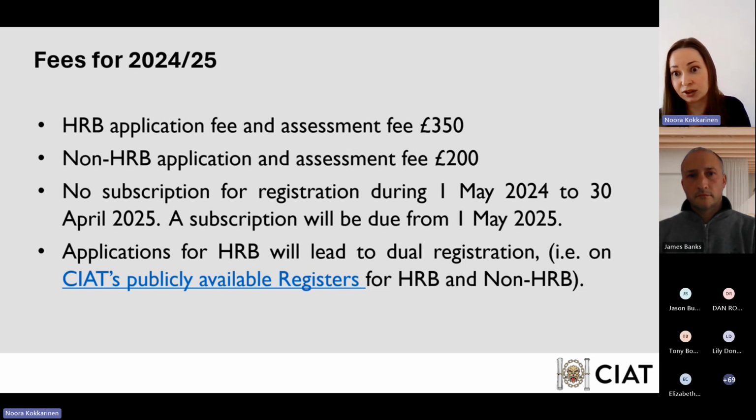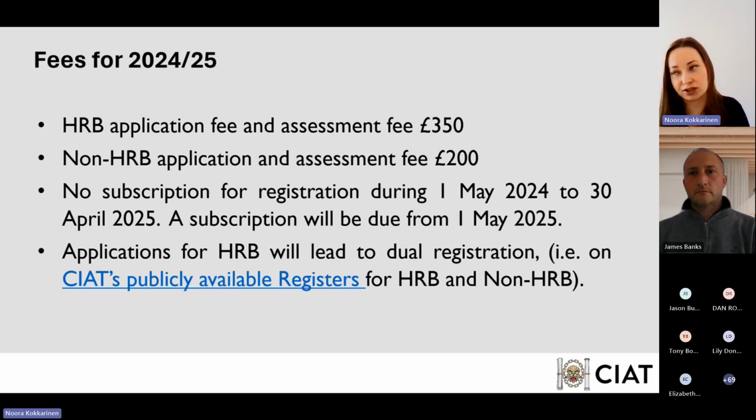And here are the fees that we are charging. As I said earlier, the register launched on the 1st of May of this year. For anyone wishing to apply for an HRB PD, the fee is £350. For non-HRB, it's £200. And in the instance that someone that originally went on for non-HRB but wants to now progress onto HRB, you would just have to pay the difference, which is £150.